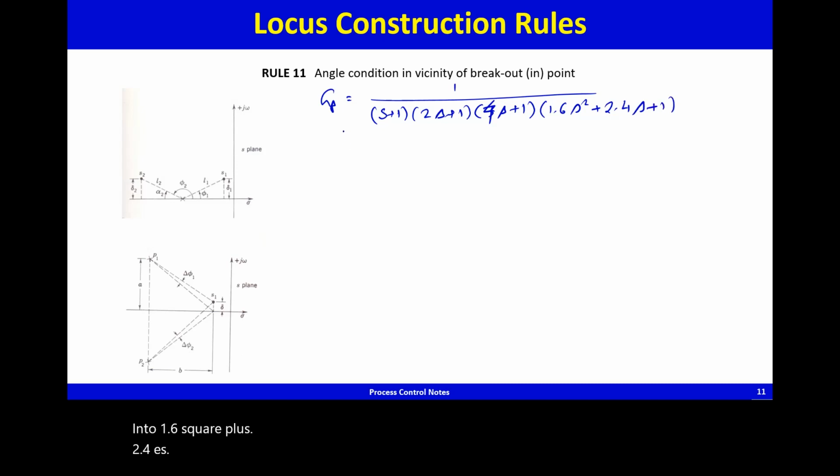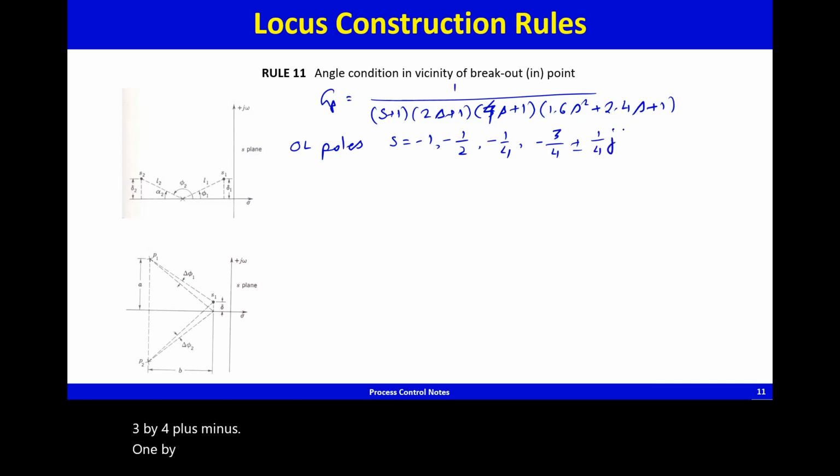If you look at the open loop poles, they are s equal to minus 1, minus half, minus 1 by 4, and minus 3 by 4 plus minus 1 by 4j.